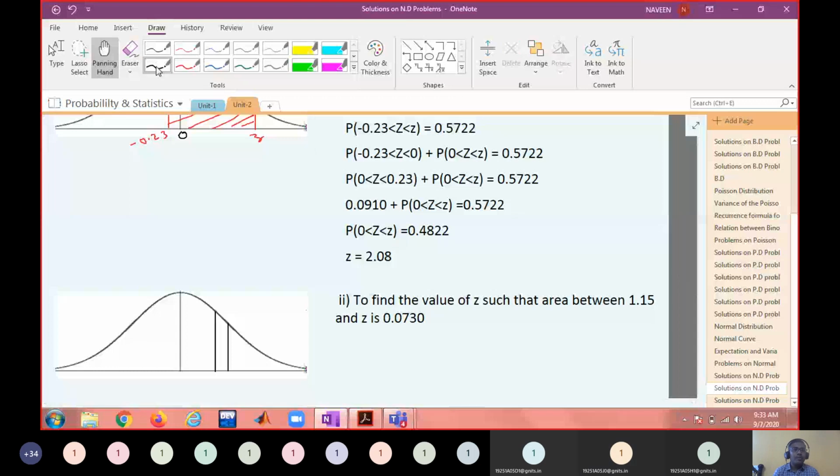Okay, so this is 1.15, 1.15 and z, and this is the area between 1.15 and z. That area is given as 0.0730. Okay, so how do we find this?